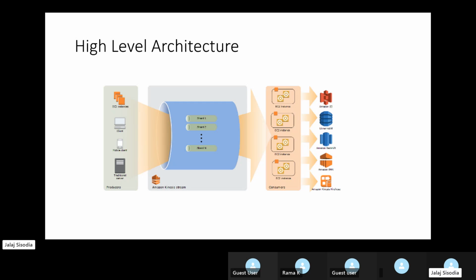Same way, we have the same partition key available on Kinesis also, and based on the partition key, our data is going to be divided based on the number of shards. So let's say in our stream, we have 10 shards at that particular moment.